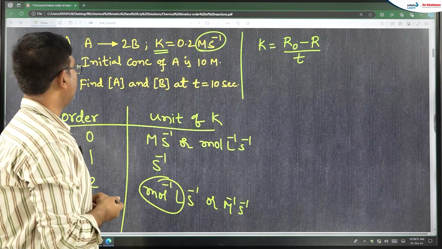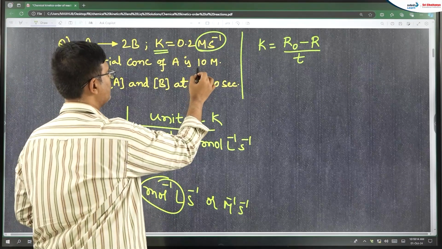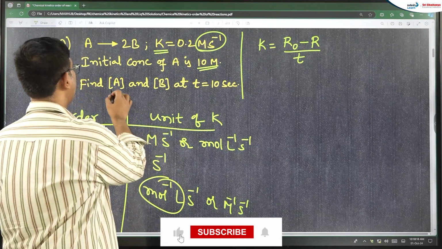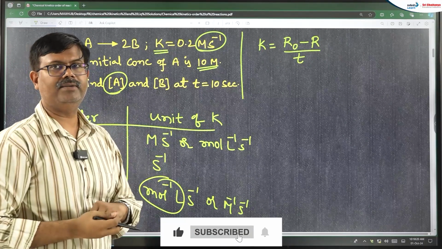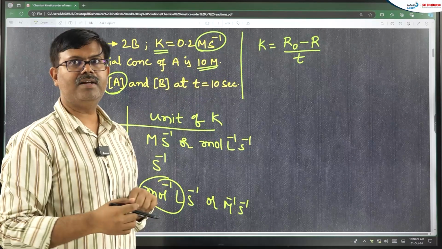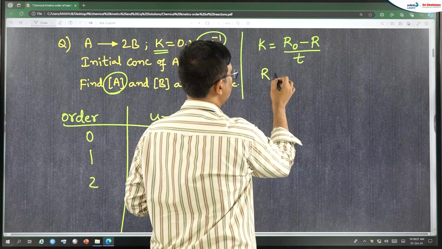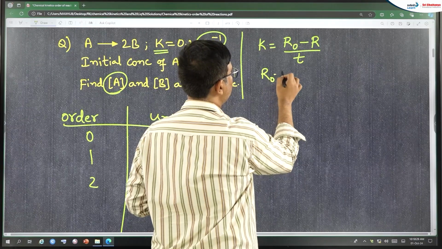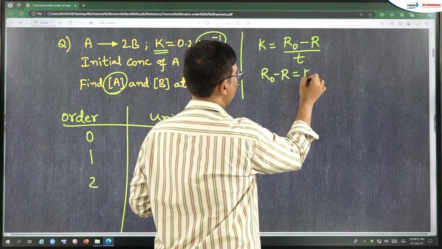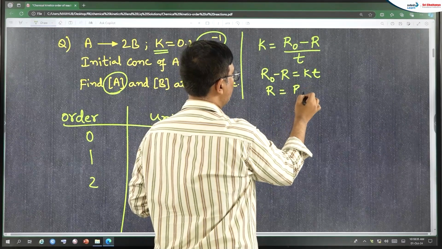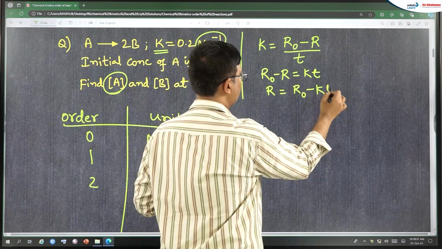Now, initial concentration is given as 10 molarity, and we have to find the final concentration of reactant. So let's substitute and find. First, let's simplify: R naught minus R is equal to KT. So you can write R is equal to R naught minus KT.